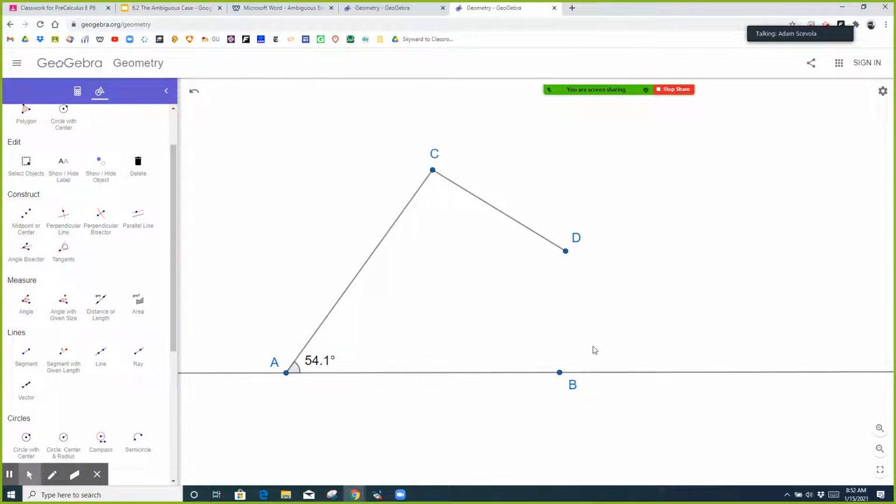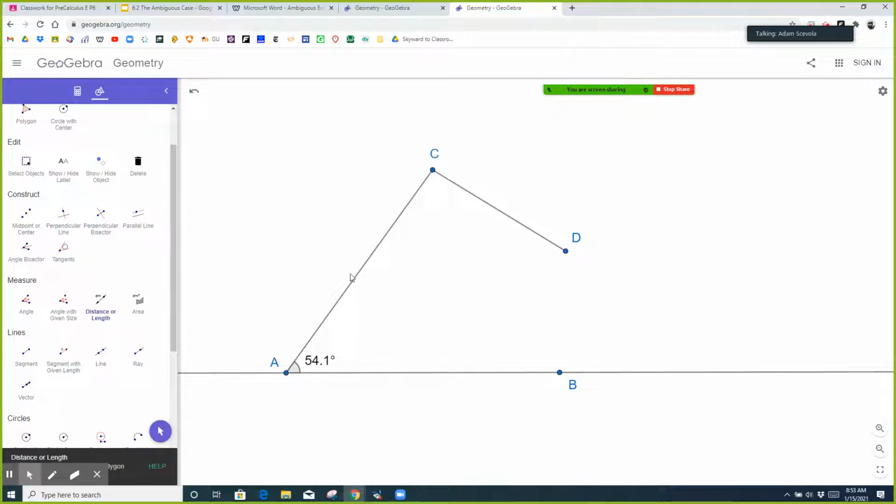So what we're doing is we're creating a manipulative to represent a triangle to explore the different cases for angle side side, when you're given one angle and two sides. So now let's find the length of the two sides, AC and CD.